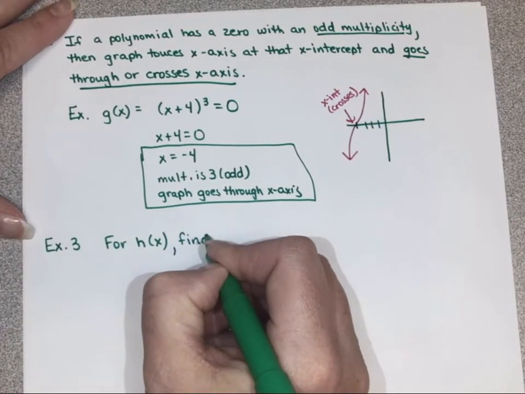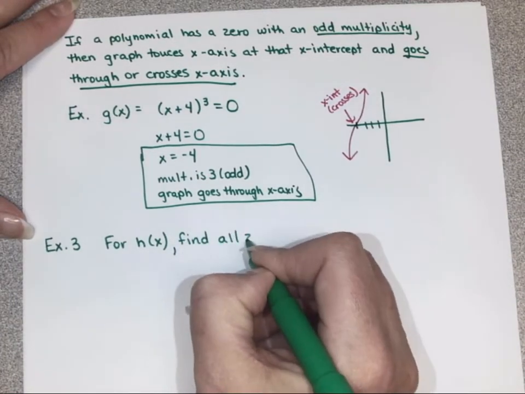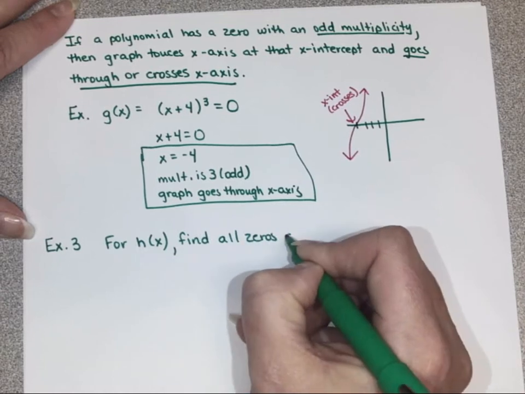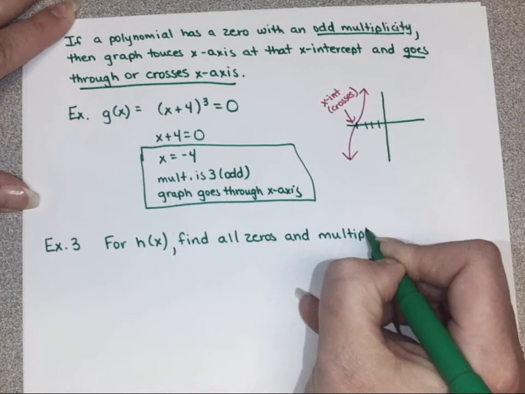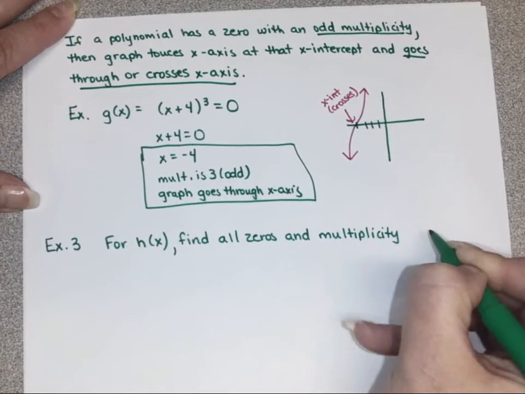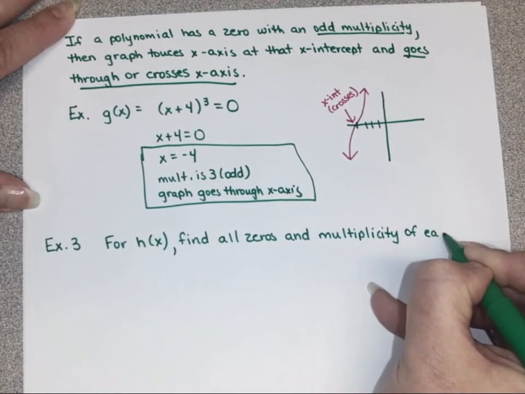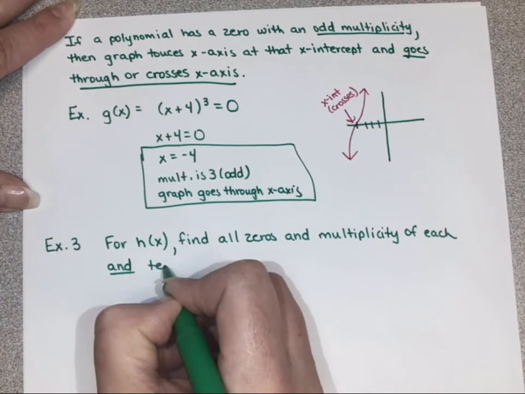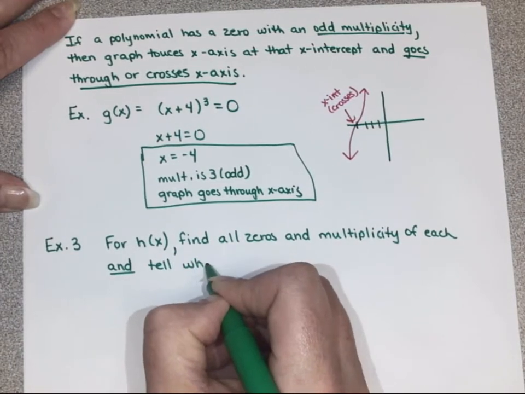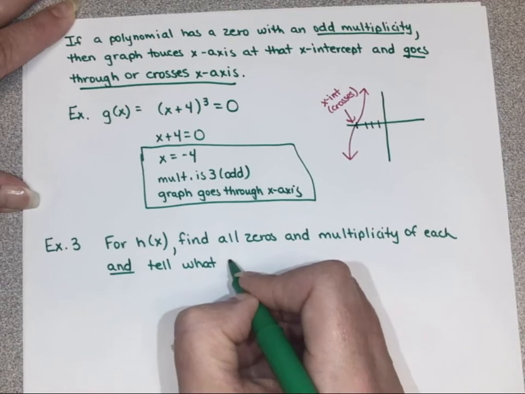All right, so I want you to be able to find all the zeros and the multiplicity of each. And then I want you to describe what the graph does for each 0.